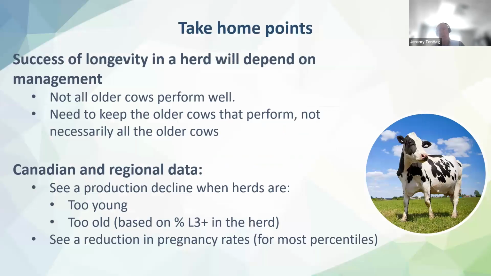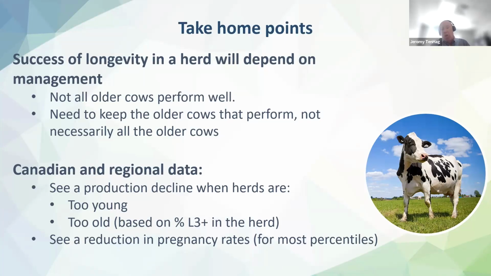So, a couple of quick take-home messages. The success of longevity in a herd is going to depend on management. We all have to realize that not all older cows perform well, or perform better than younger ones do. We can't be afraid to keep the older cows that perform, and it's okay to cull the older cows that are not performing.